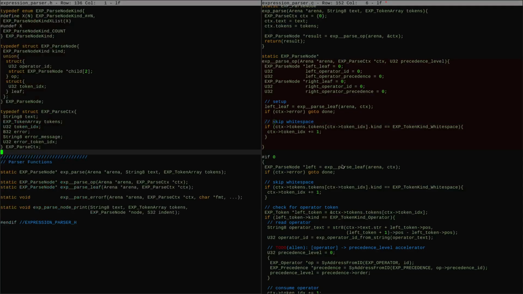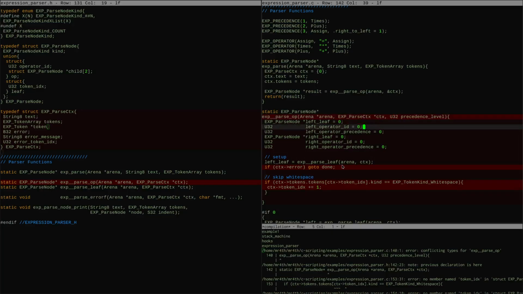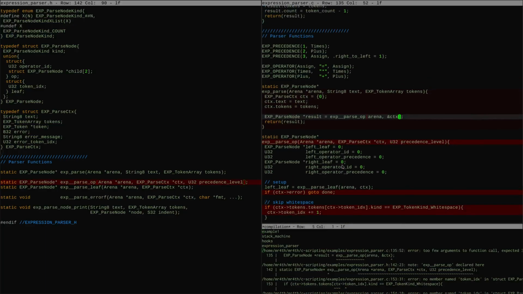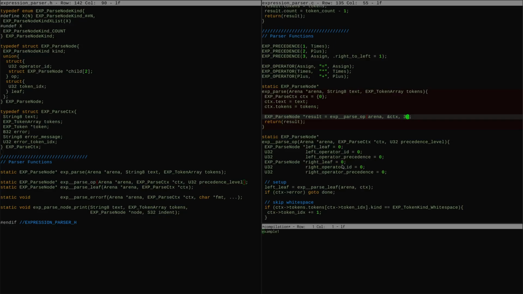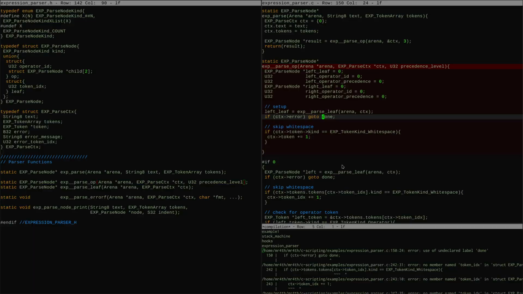I just had an idea. One thing I could do to make this work a lot better is to switch this over to a token pointer. When you kick this off, you should probably give it the highest precedence possible. We'll figure that out though. This is going to be much easier now because we're just going to go to context token whenever we want to read the current token, and token plus equals 1.